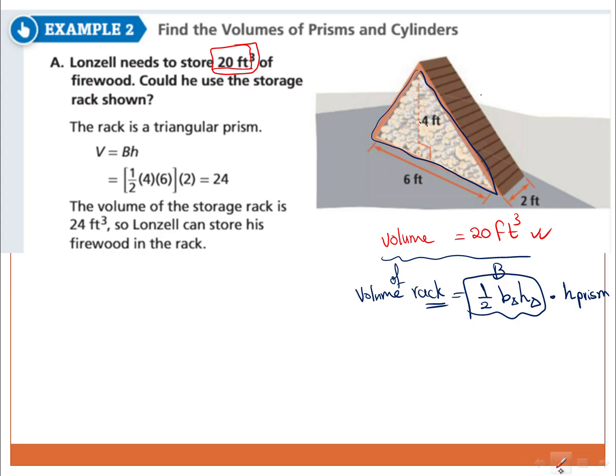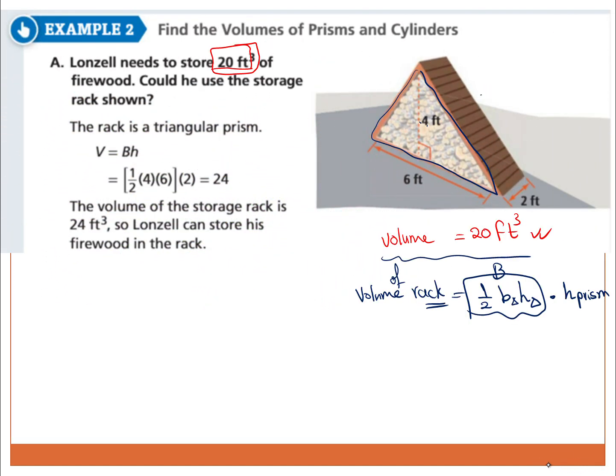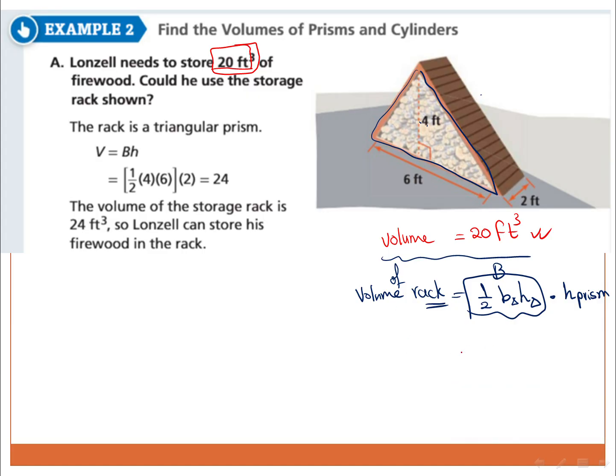Let's move on and substitute in this case. It's going to be half times b, which is the base of that triangle, which is 6, times the height of the triangle, which is 4, times the height of the prism, which is 2. So it's going to be 24 feet cube.